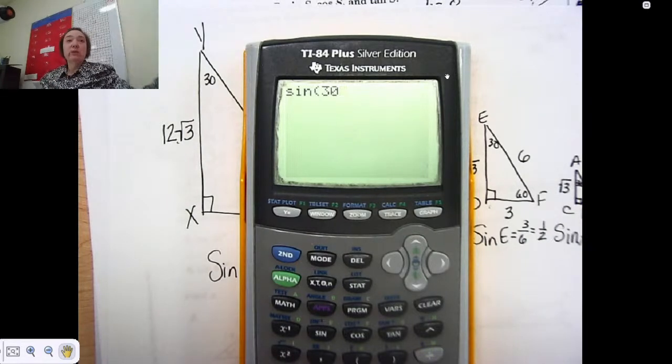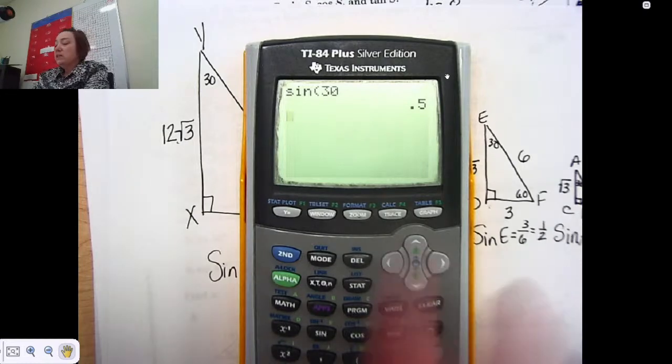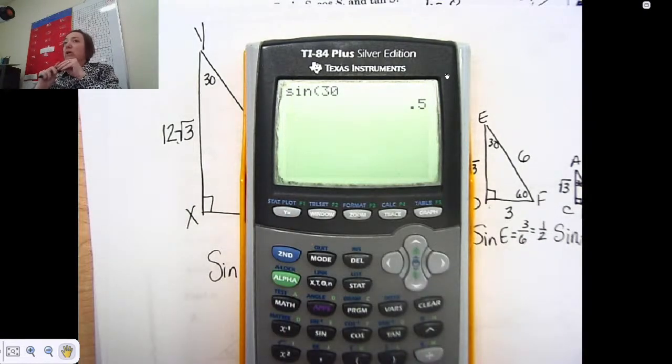If we were doing something to this, we would need to close that parenthesis. But we're not doing anything to it, so there's no point in closing the parenthesis. We're just going to find the sine of 30 degrees, and we hit enter. 1/2. Exactly what we've been finding, right? The sine of 30 degrees is 1/2 no matter what size the triangle is.